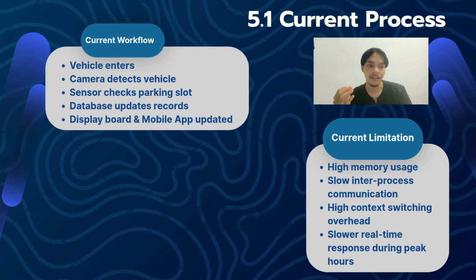After that, high context switching overhead, and lastly, slower real-time response during peak hour, resulting in conflict on the status of the parking spot, whether it is occupied or not.